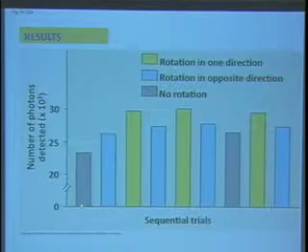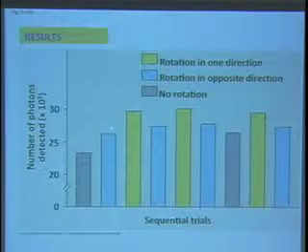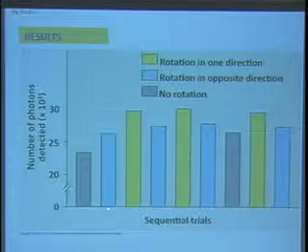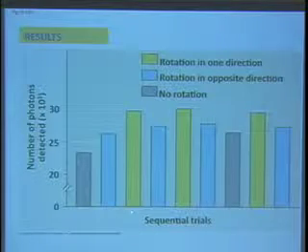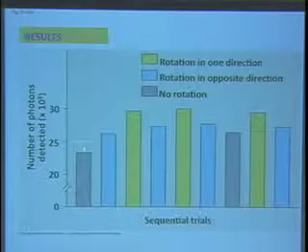So these are sequential trials, sets of experiments, where they either did no rotation, or they rotated the rod in one direction or in the other direction. And then they counted the number of photons that they could detect in each case.